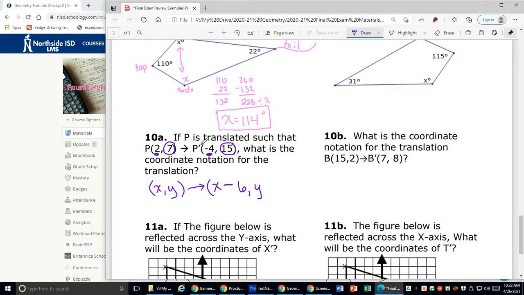So my y to get from P to P prime is increasing, so I'm adding to y. How much am I adding to get from 7 to 15? I'm adding 8, right? Yeah, 8. So this is my coordinate notation for the translation that will take P to P prime.